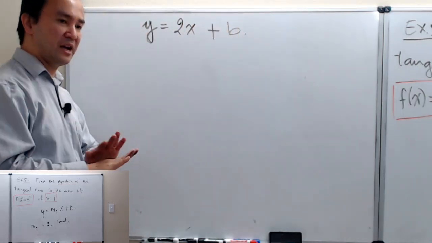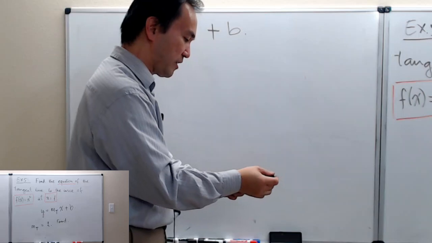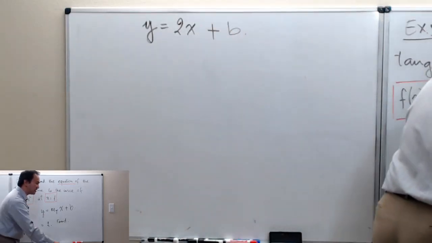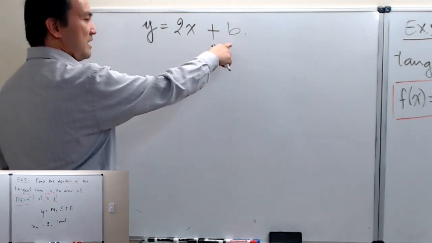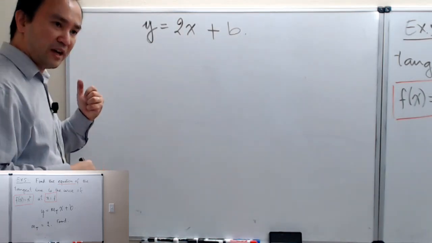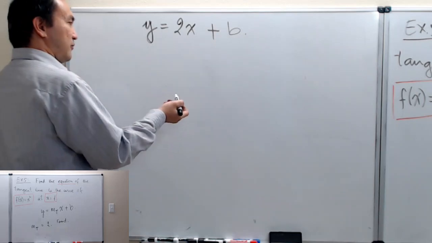So we're about halfway completed with our tangent line. The remaining part here is just to find out what value that is, what value for the y-intercept that is.